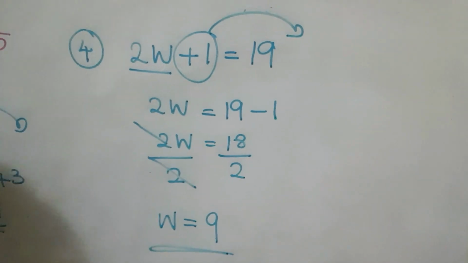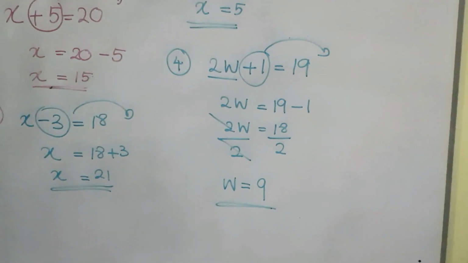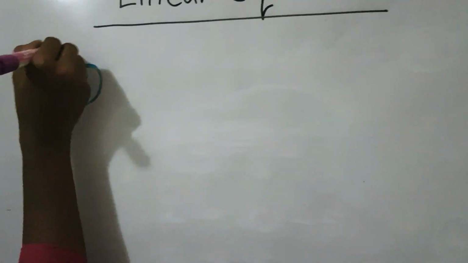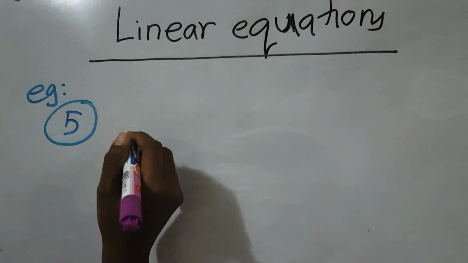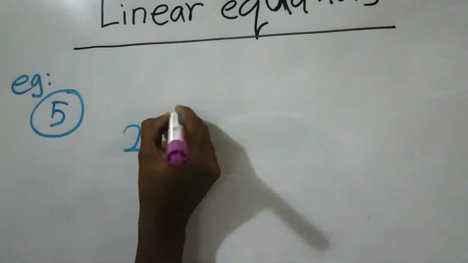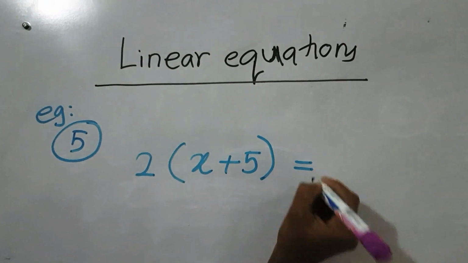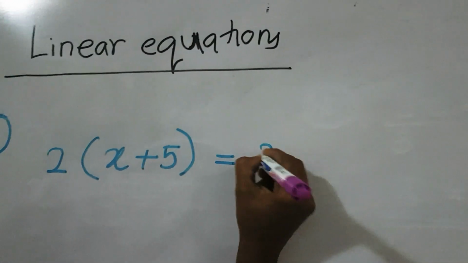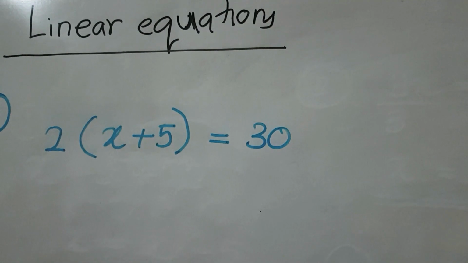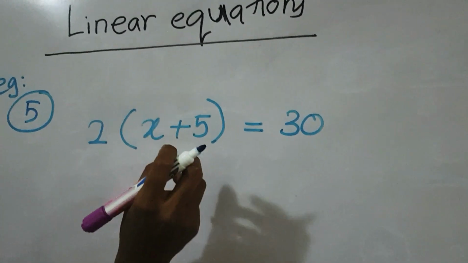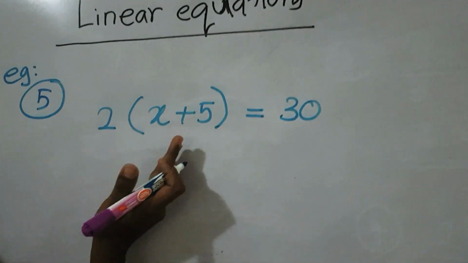Okay, let's continue with the fifth example where we have a bracket, let's say 2 times (x plus 5) is equals to 30. When we have it this way, you can see the x is inside the bracket. Before touching the x, we have to remove this 2.